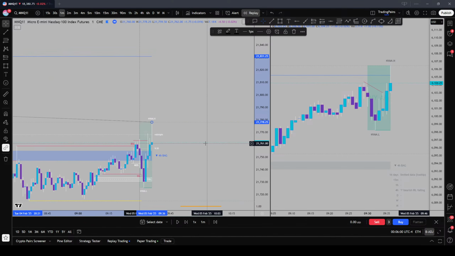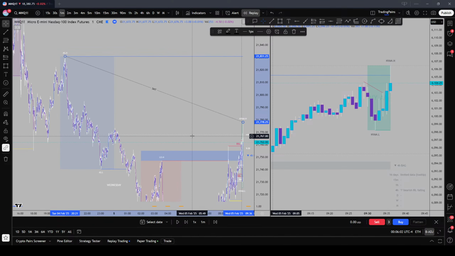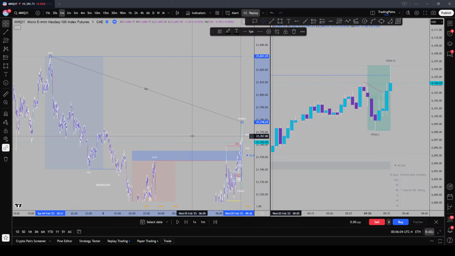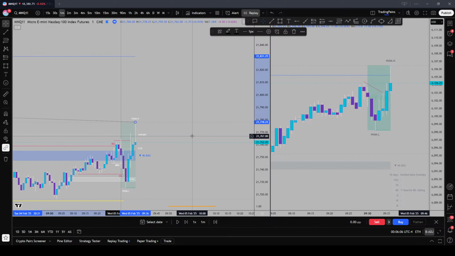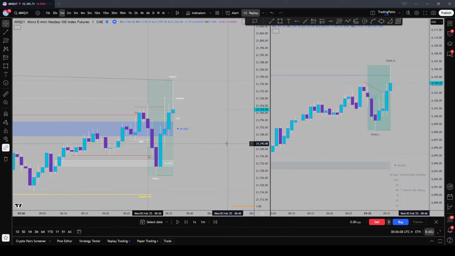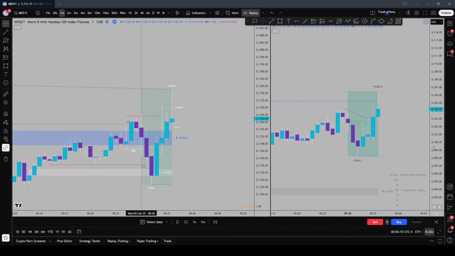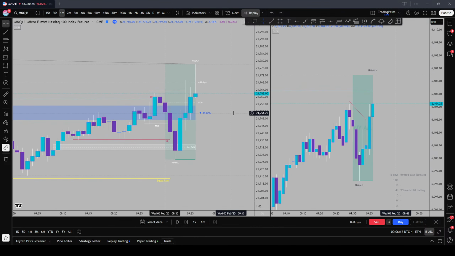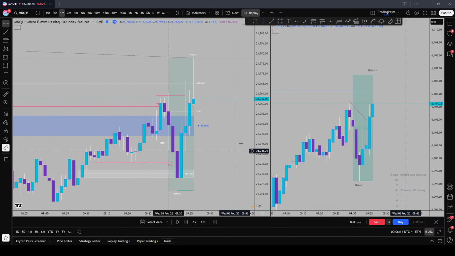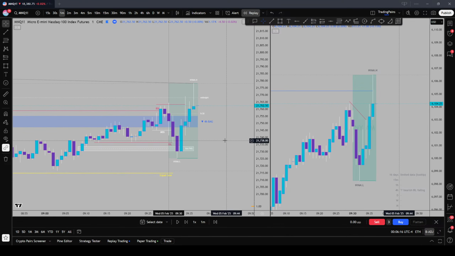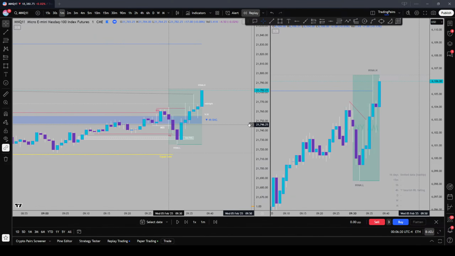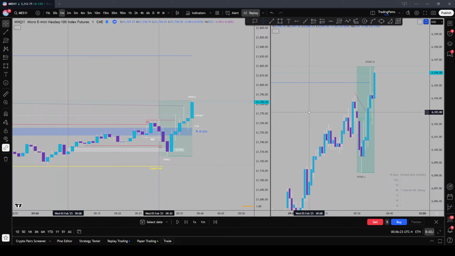There we go. Now we just wait to see if it's gonna now aim for the lows or if ES wants, or if NQ wants Asia high most likely. I mean, both are still going up. Here's like another SMT.